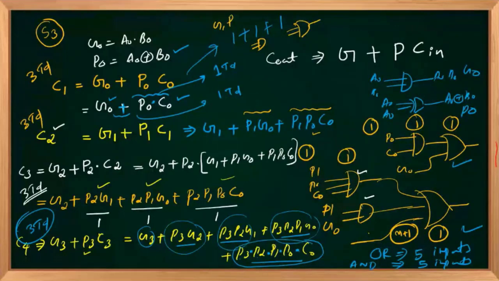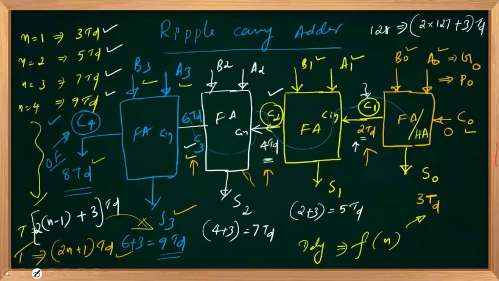S3 is the output of the last stage full adder. S0 to S3 were the sum outputs, S0, S1, S2, and S3. So how much time delay will it take to produce a valid S3?